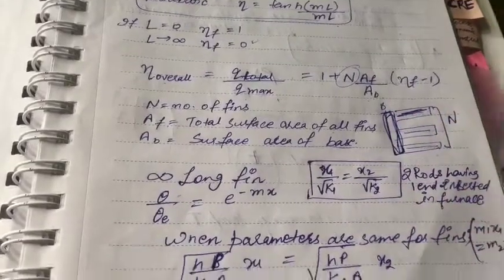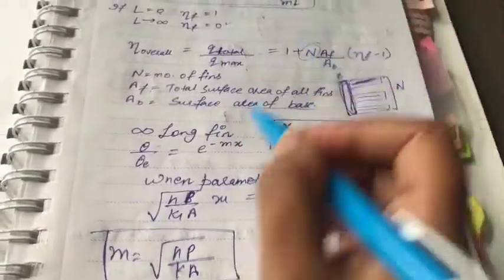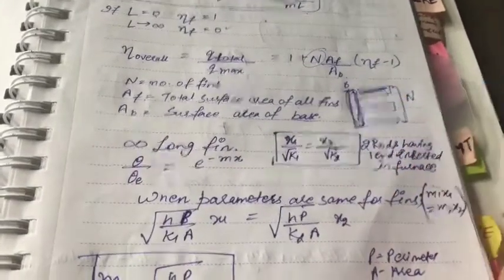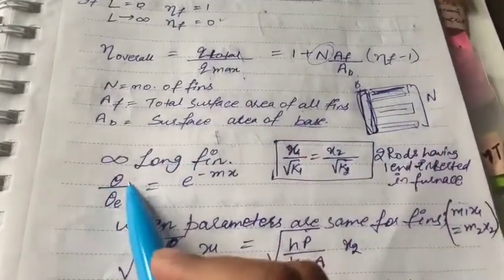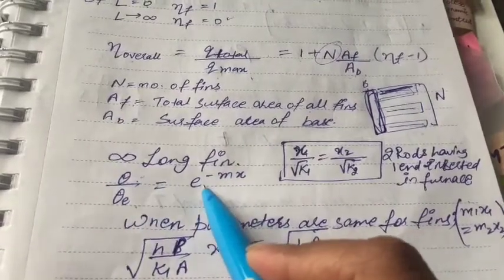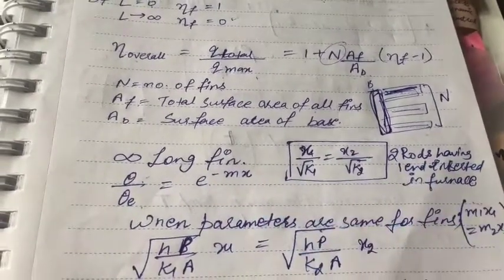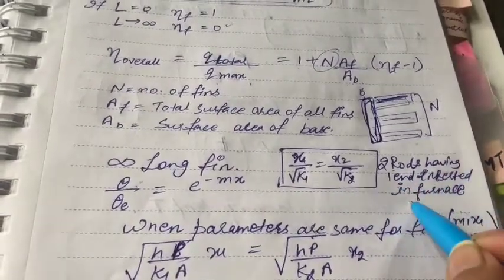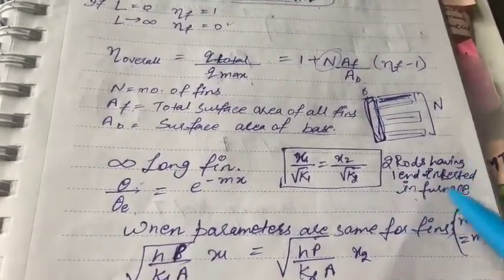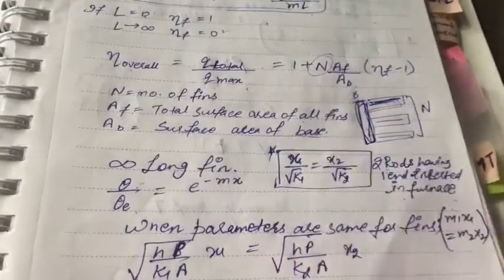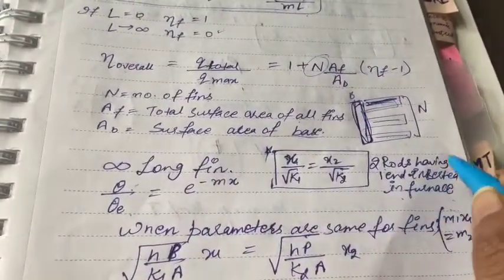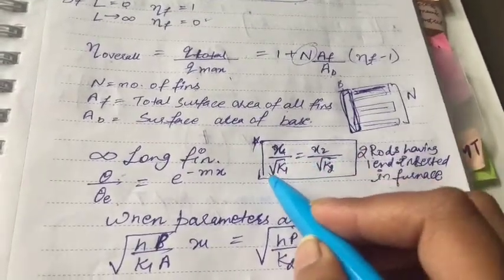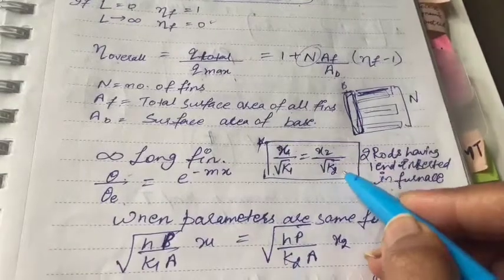So in case of an infinitely long fin, theta by theta naught would be equal to e to the power minus mx. And if two rods have one end inserted in a furnace, then x1 by root k1 would be equal to x2 by root k2.